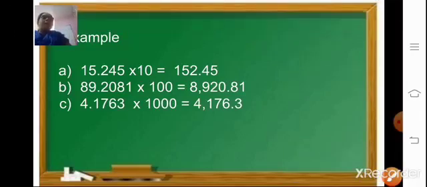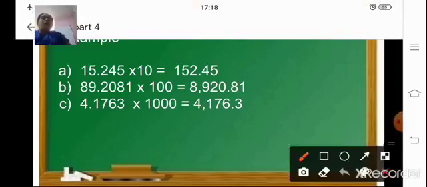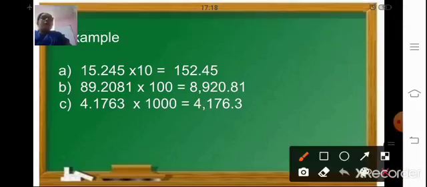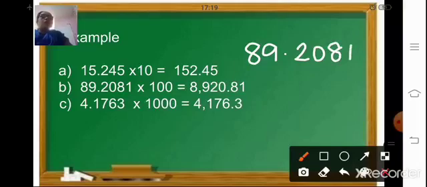Now see the second example in the same way. 89.2081 multiplied by 100. When it is multiplied by 100, 100 has got two zeros. So you will move two places towards the right and put the decimal point.